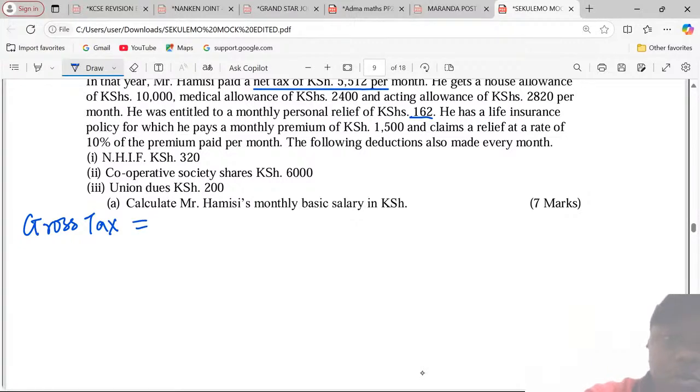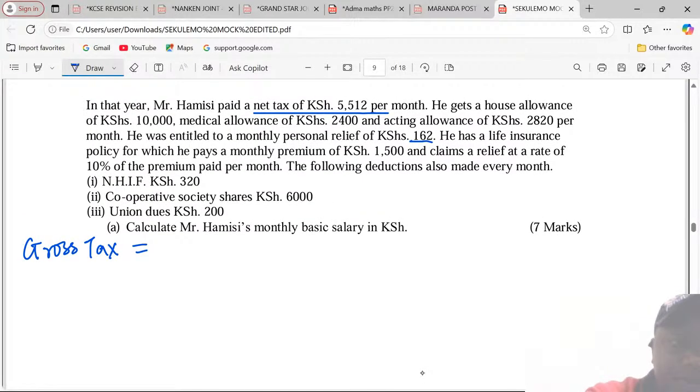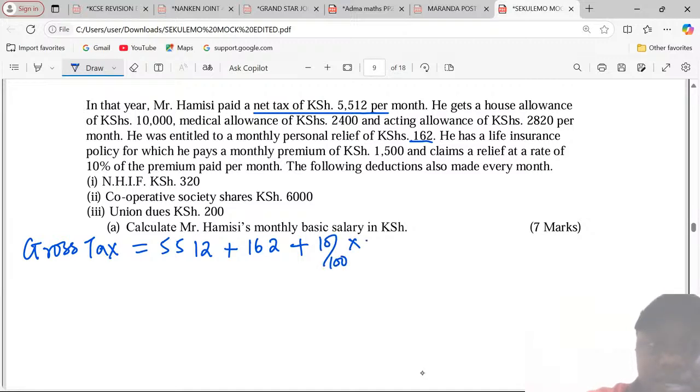Gross tax is going to be, when we take the net tax of 5,512, then we add the reliefs. The first relief is 162, that is the personal relief. The other relief is 10% of the premiums paid by Mr. Amisi.